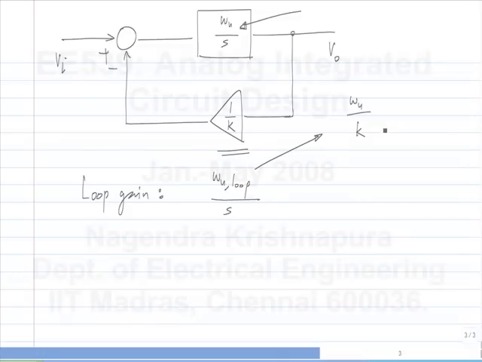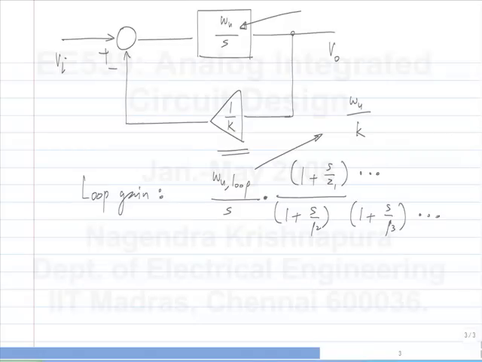Okay. Now, in addition to this, you can have a second pole and a third pole and so on, and you can also have zeros, depending on the circuit realization.